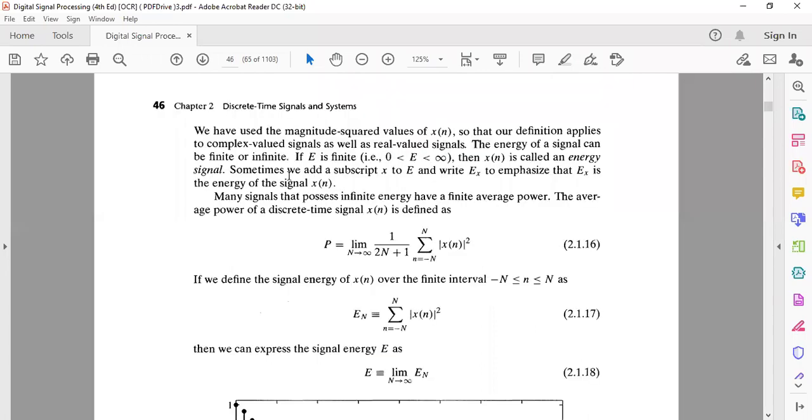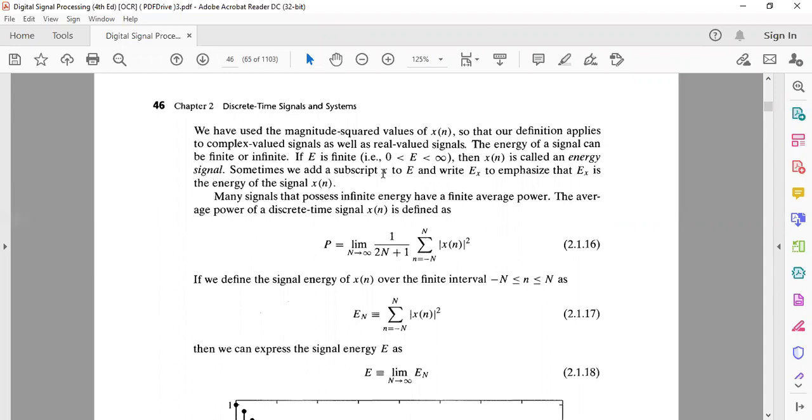What does an energy signal mean? We have used the magnitude squared values of x[n] so that our definition applies to complex valued signals as well as real valued signals. So the energy of a signal can be finite or infinite. If E is finite, that is, if it has a range from 0 to an upper bound, then x[n] is called an energy signal.